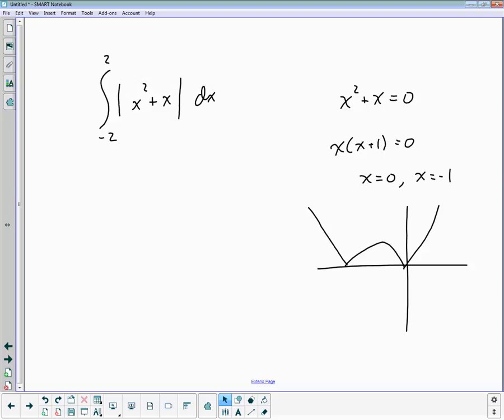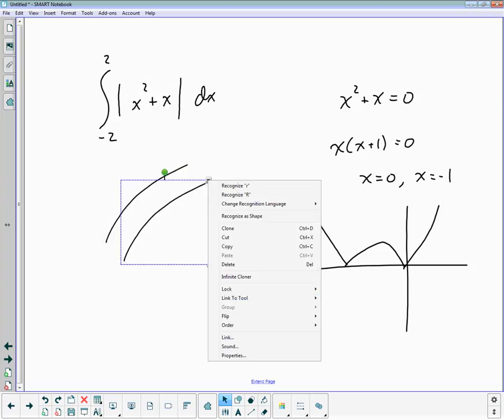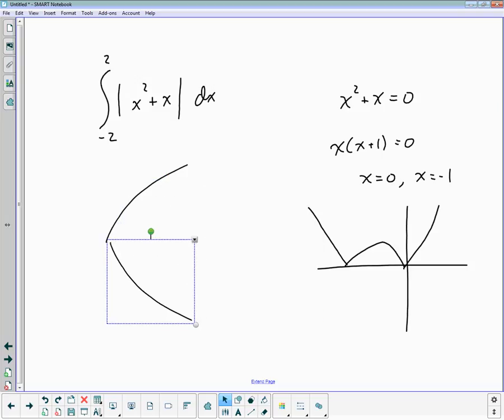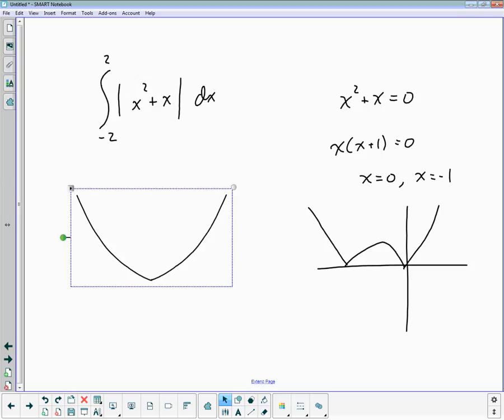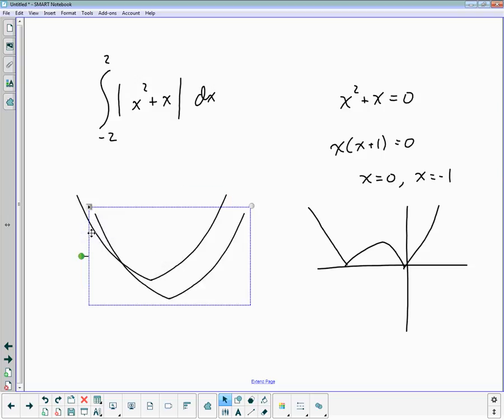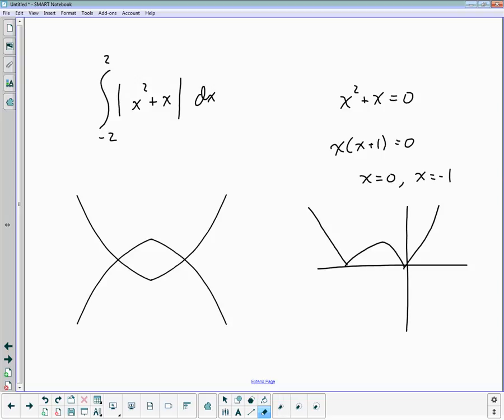That's what the function really looks like. If you pull out a graphing calculator and graph the absolute value of x squared plus x, that's what it looks like.